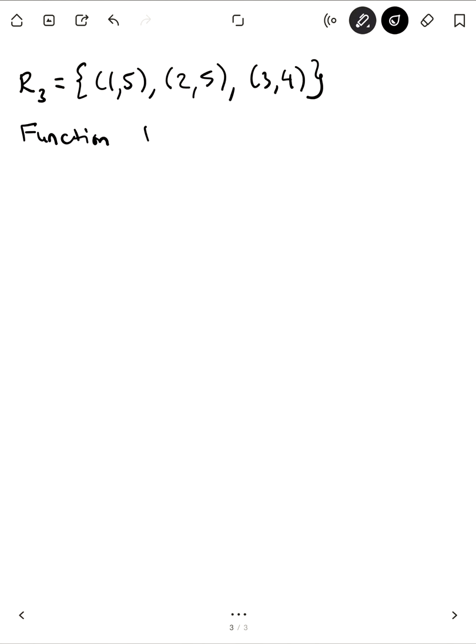Let R3 be the set (1,5), (2,5), and (3,4). Still, this is a function from A to B. What about R4? Let this be (1,4), sorry, let me rewrite that. (1,4) and (3,6).